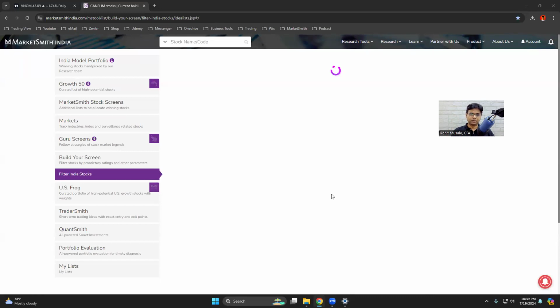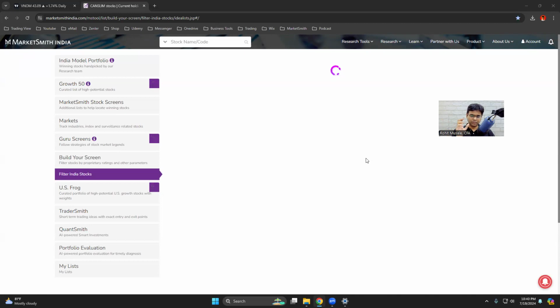Let it open. Okay, I think there should be roughly 4,700 or 4,800 stocks. Roughly 5,000 stocks should come up. So let's see how many stocks are coming. Give it a few more seconds, maybe 10-15 seconds more, because it's a long list. But when you filter, it doesn't take this much amount of time.